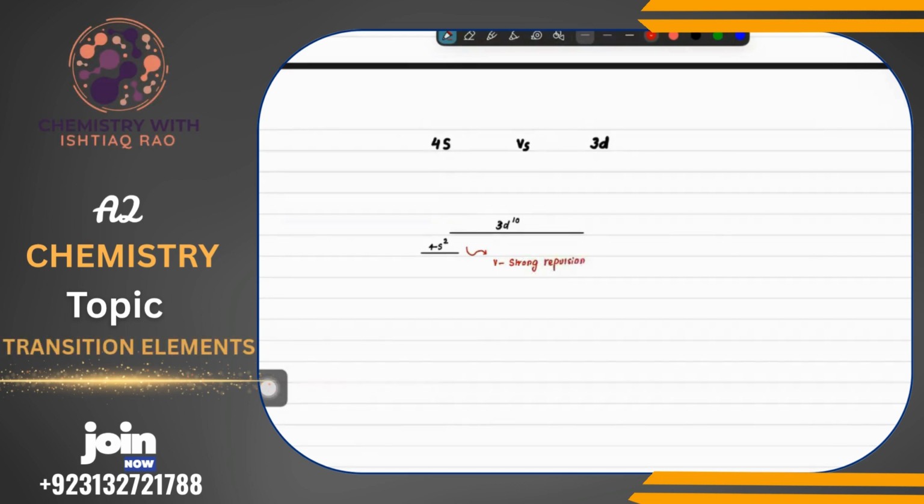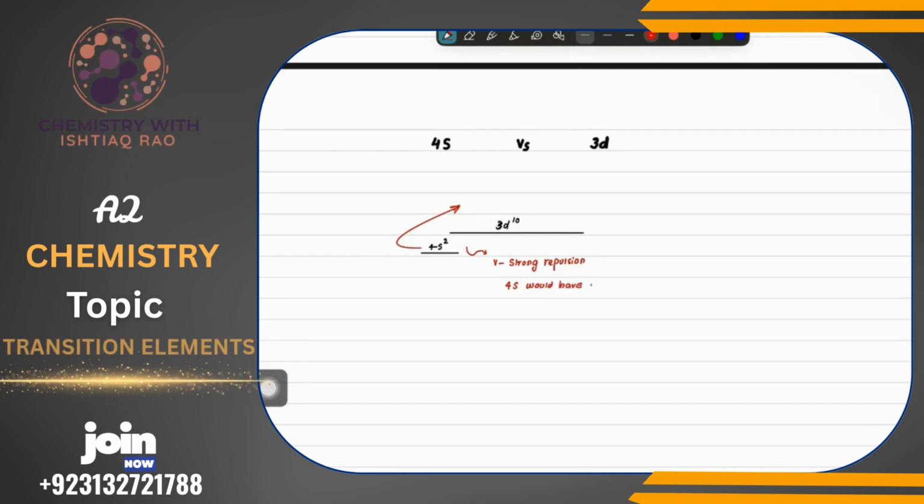As a result of repulsion, 4s would have a higher energy than 3d.